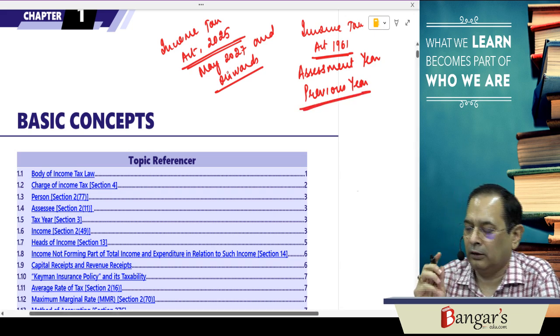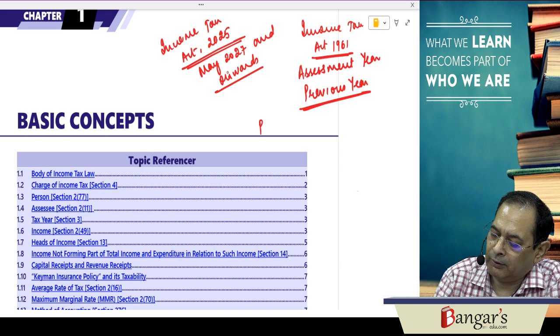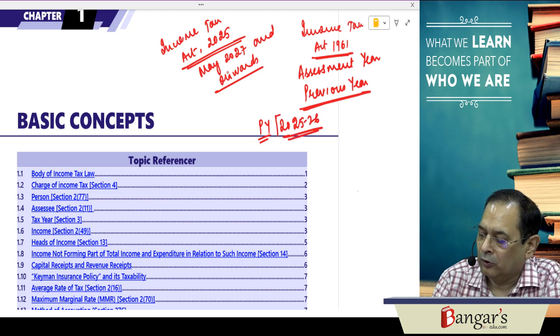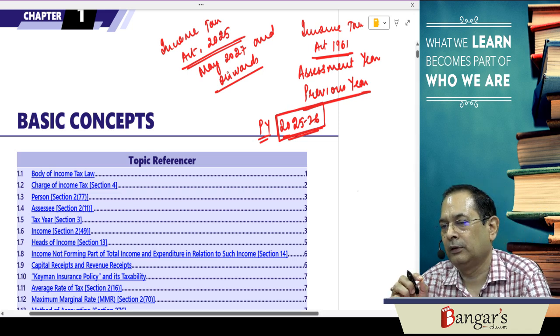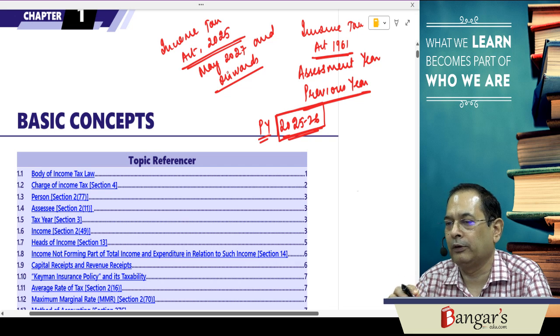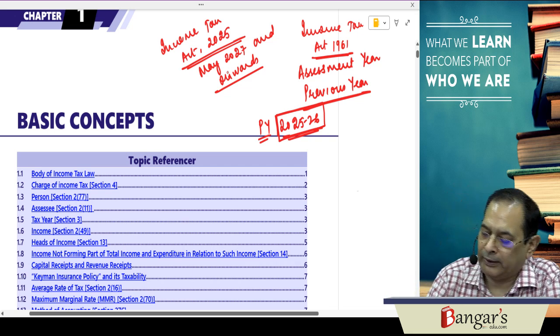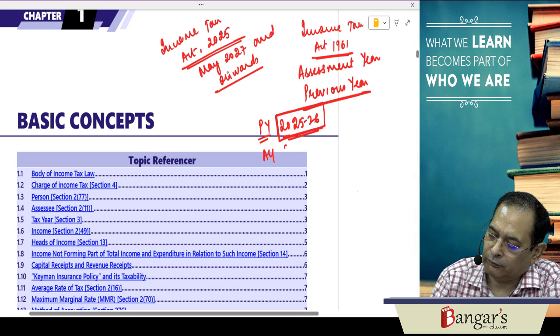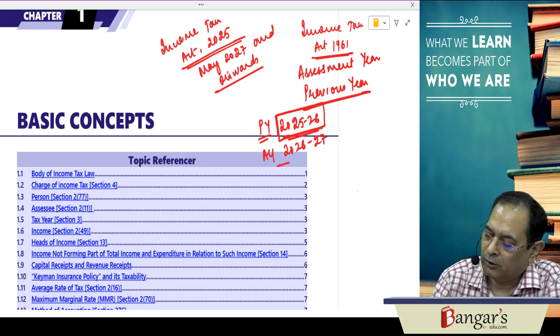Say, if the previous year is 25-26, so whatever income which you are earning in the previous year 25-26, the same was to be taxed in the assessment year, subsequent financial year, that is assessment year 26-27.